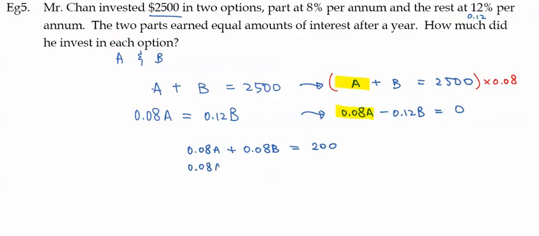And the second equation remains the same. Now that we have two equations, and both equations come with the same thing in front of A, we can now eliminate the A's using a minus.